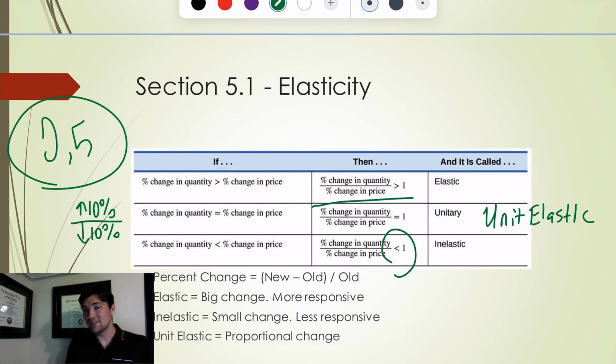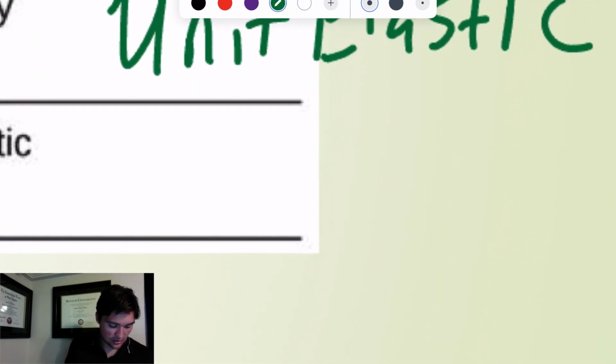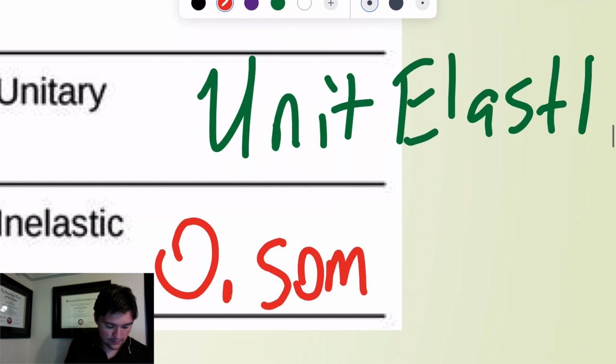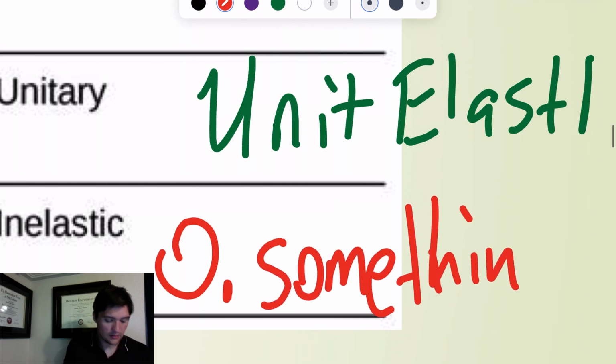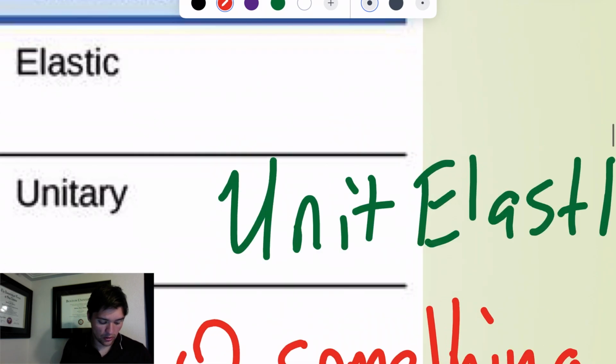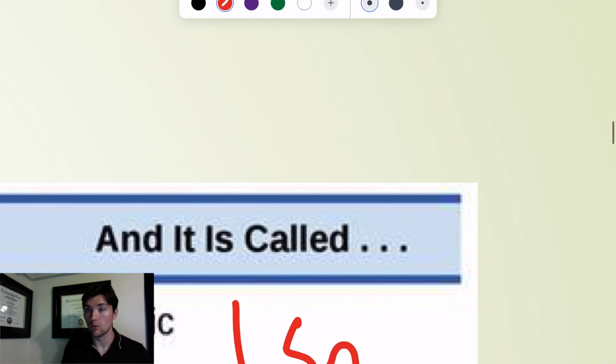Another way to think about something that is inelastic, it's 0 point something. Okay? 0 point something. That is inelastic. So 0.9, 0.5, negative 0.9, negative 0.5, inelastic. If it's 1 point something or more, like 2 point something, negative 2 point something, that's going to be elastic. So it goes both ways.